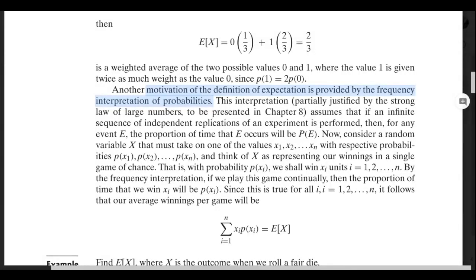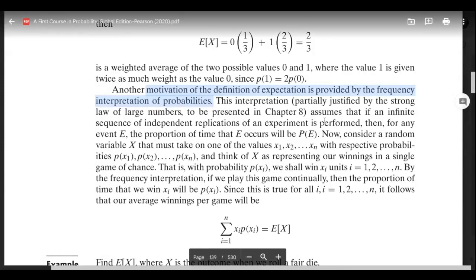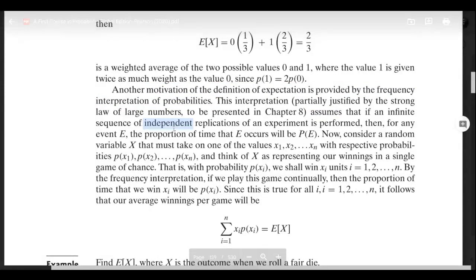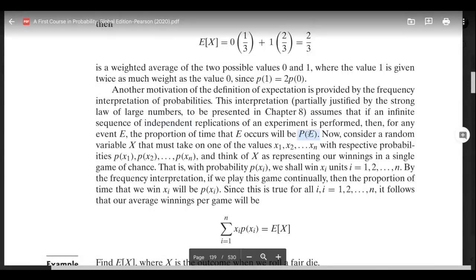One of the legs is the law of large numbers, which assumes that if an infinite sequence of independent replications of an experiment is performed, then for any given E, the proportion of time that E occurs will be the probability of E.